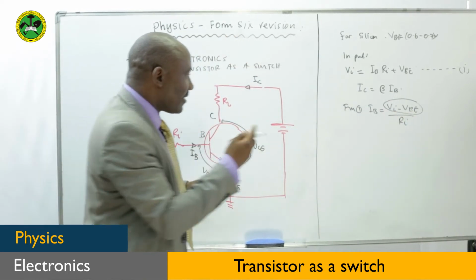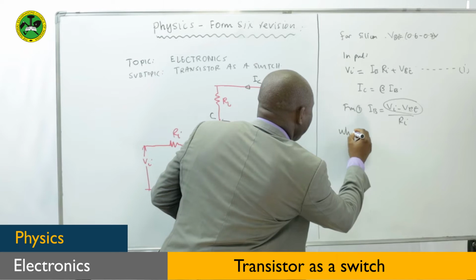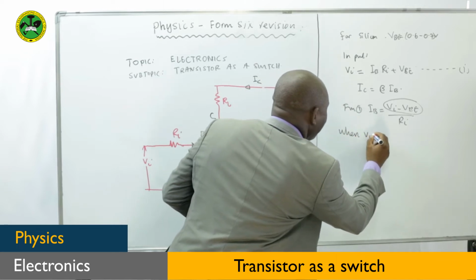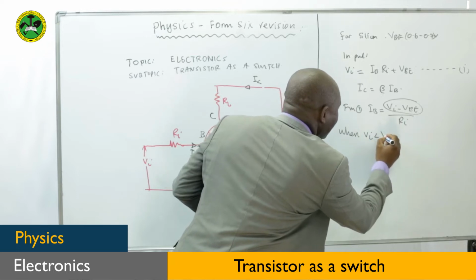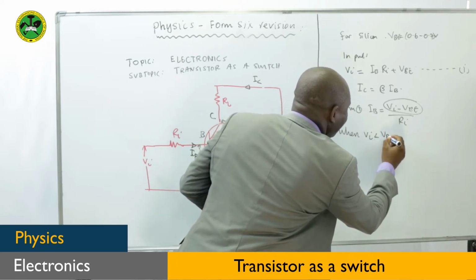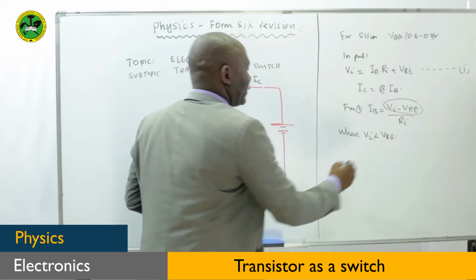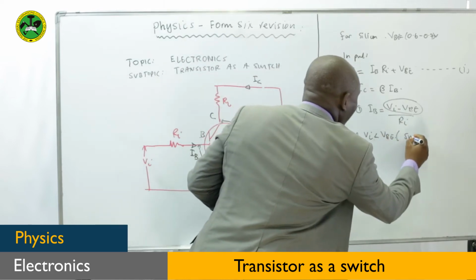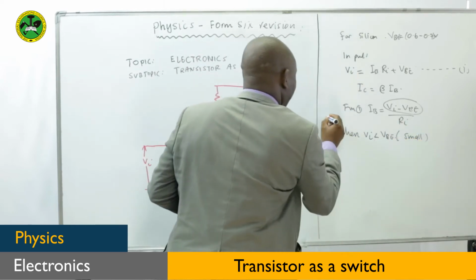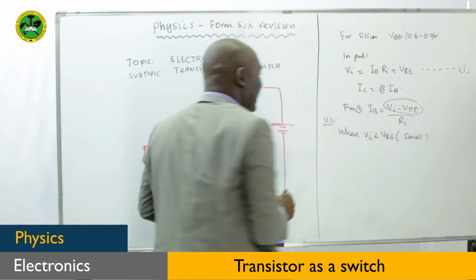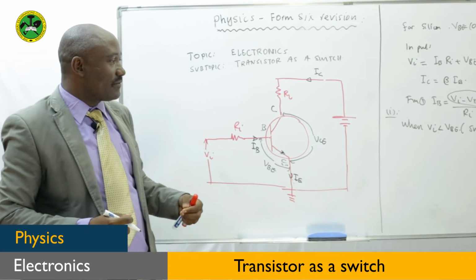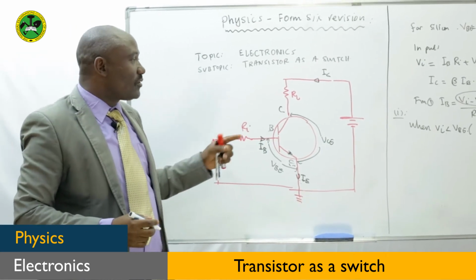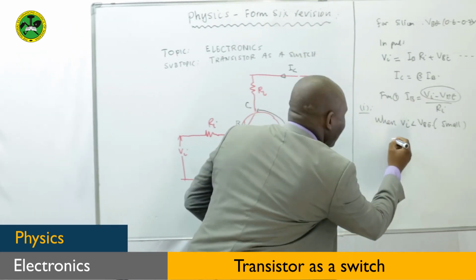So now let's see what happens when V input is less than VBE, when we talk about a very small input. This is case number 1. What happens when the input voltage is very small, less than that VBE? It means that we don't have the current here.